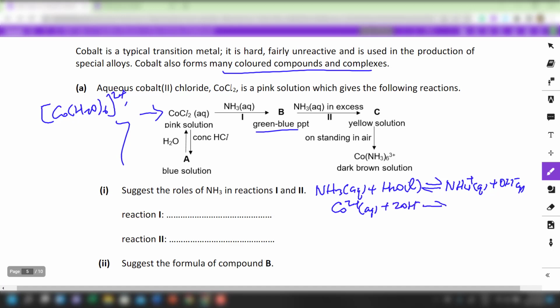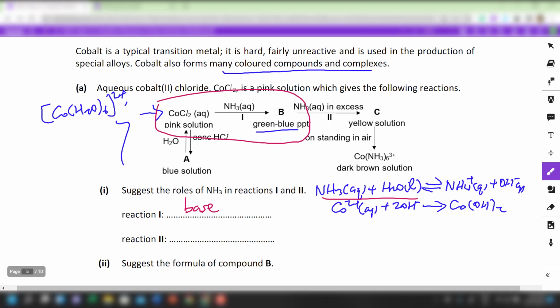So this will lead to the precipitation of cobalt(II) hydroxide, which is the green-blue precipitate. This particular reaction shouldn't be very unfamiliar to you. Essentially, the role of ammonia here is a base, because it is involved in the acid-base reaction with water. This is being asked in A1, so in this case, the role of ammonia is the base.